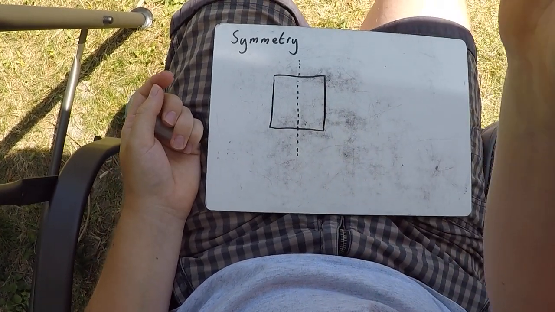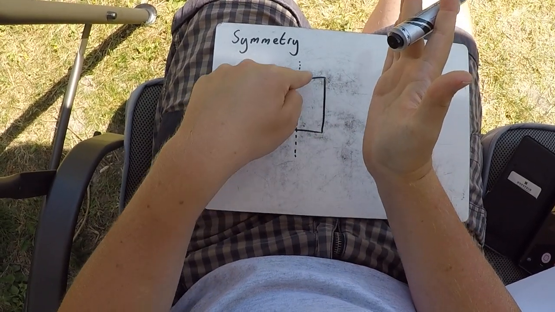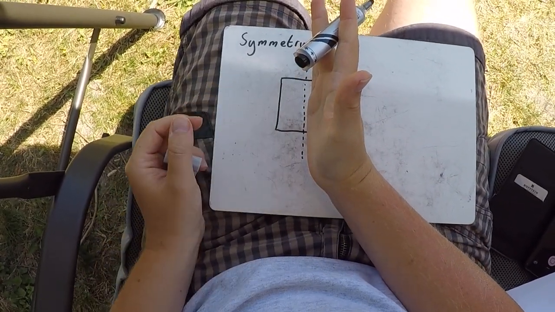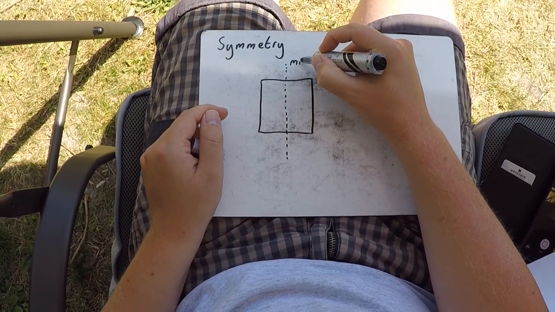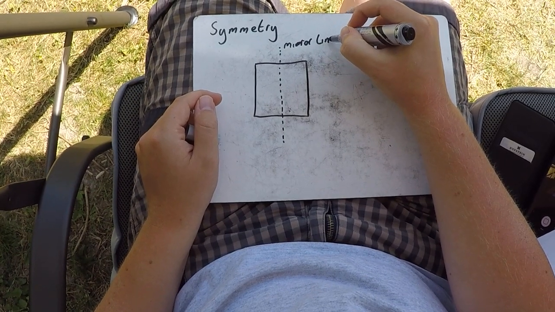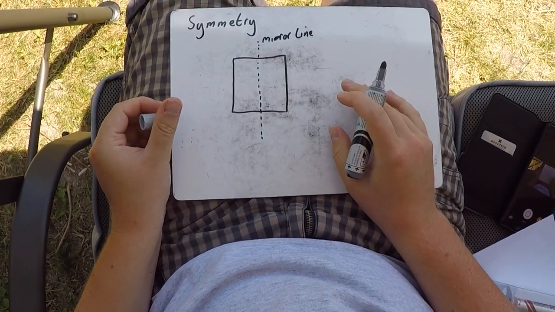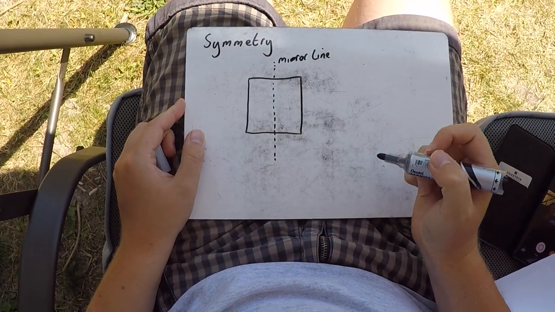Equally, if I were to put my mirror down the middle, I would see this side reflected from this side. So we call this a mirror line, or a line of symmetry. So that's one line of symmetry on our square.